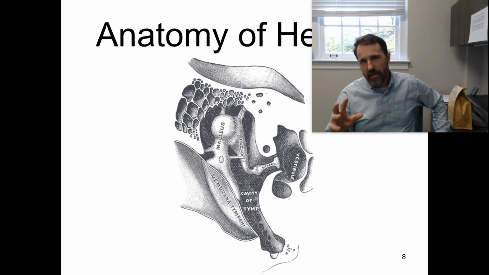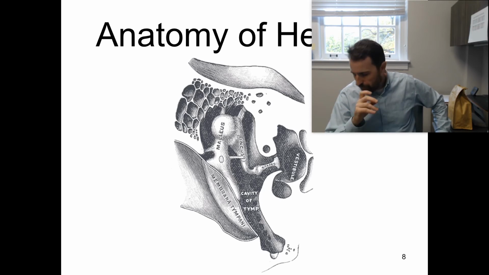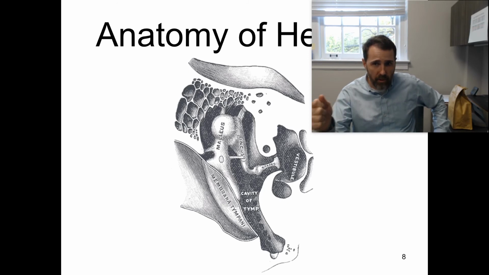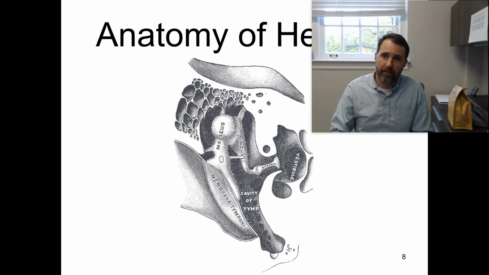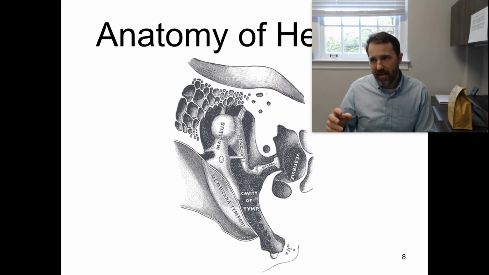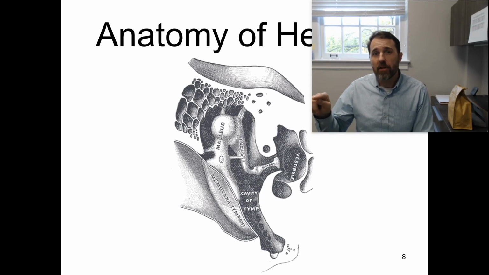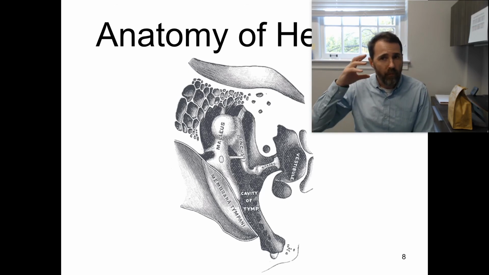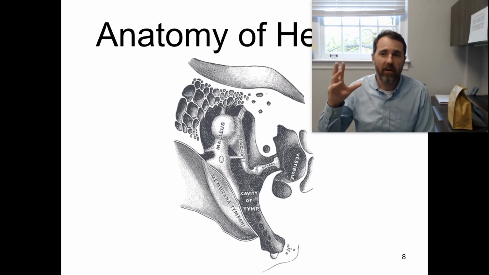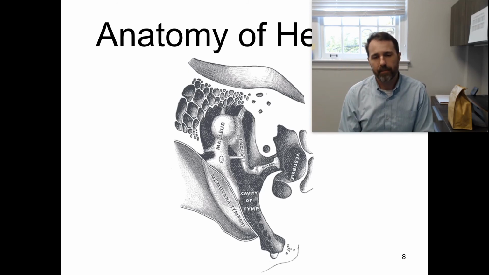So the tympanic membrane and the ossicular chain, the middle ear, has a special job to do. It has to deliver enough energy, enough push and pull to the cochlea to stimulate your hearing. And it turns out that it requires a good bit of mechanical energy to be delivered to the cochlea for you to be able to hear.